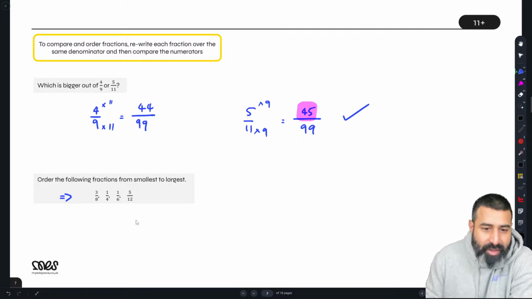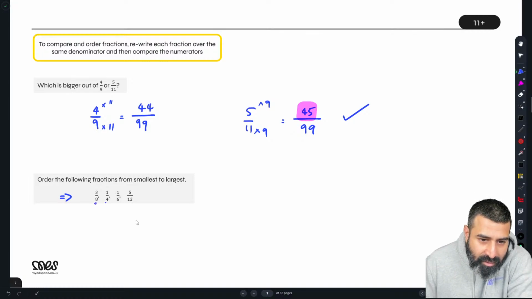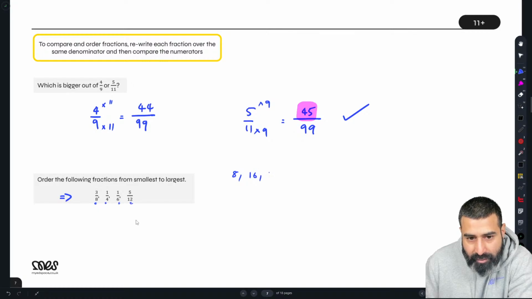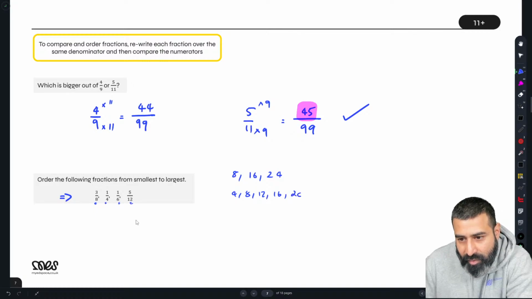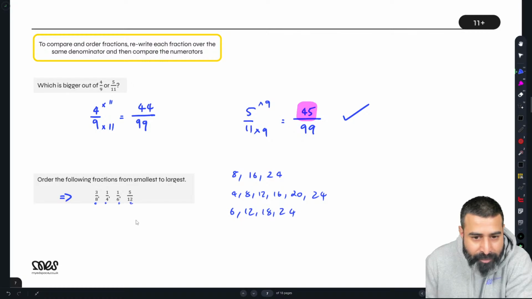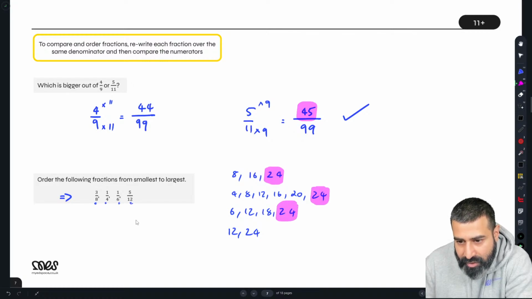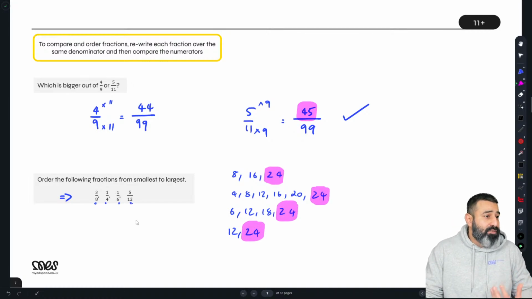Yeah, absolutely. Because these numbers all go into 24. So look, 8, 16, 24, 4, 8, 12, 16, 20, 24. That's my 4 times table. My 6 times table, 6, 12, 18, 24. And then my 12 times table, which is 12 and 24. So we can see the common denominator is going to be 24.